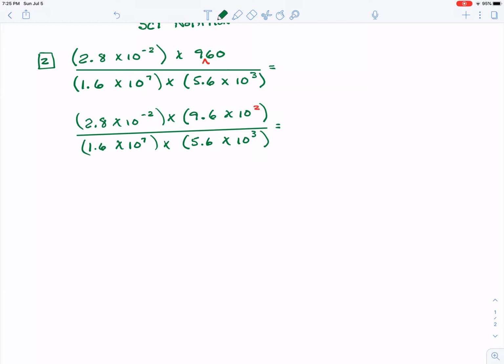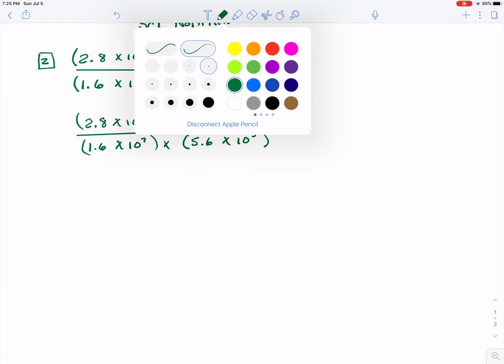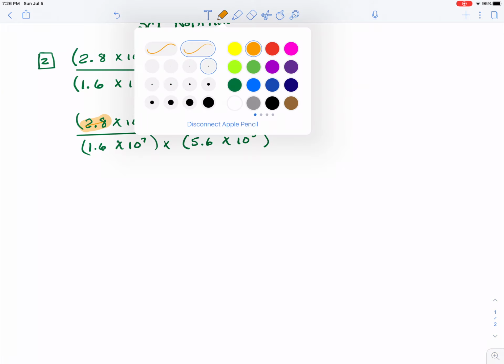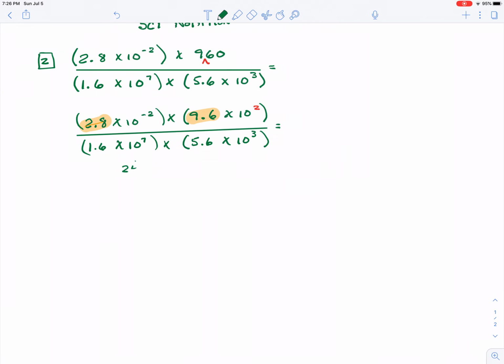All right, so let me grab my calculator. And the first thing I'm going to do is look at this 2.8 and multiply it by the 9.6. All right, so 2.8 times 9.6 gives me 24.96.